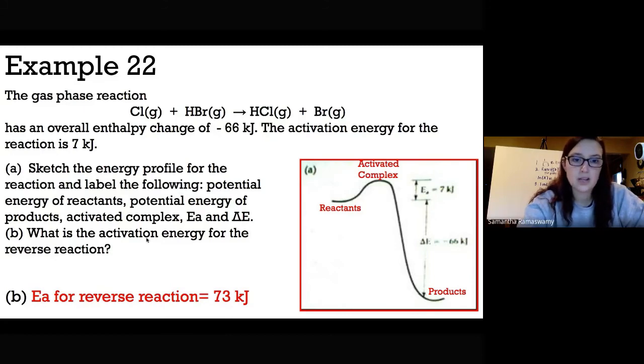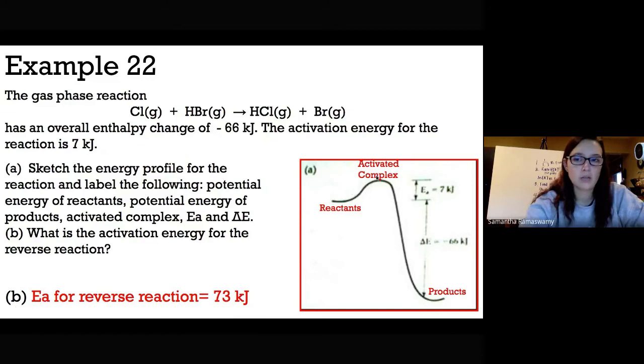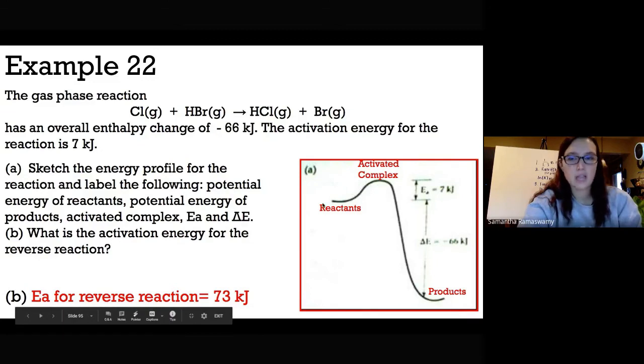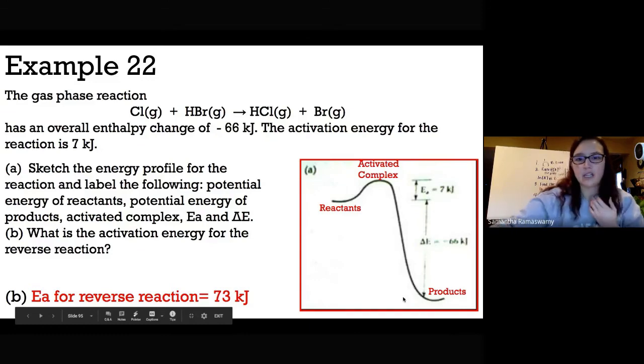So the activation energy for the reverse reaction is 66 plus 7, which is 73 kilojoules. So example 22, you were sketching the energy profile, right? You were sketching the reaction diagram, which again should look like this. Reactants are much higher in energy than products. You have your transition state, your activation energy, your delta H, and then EA for the reverse reaction is 73 kilojoules.